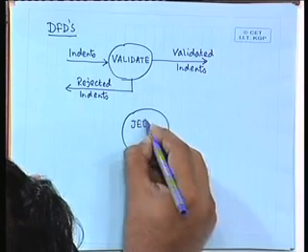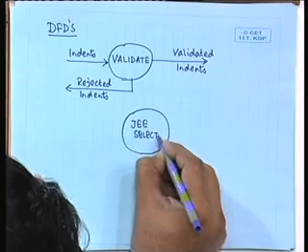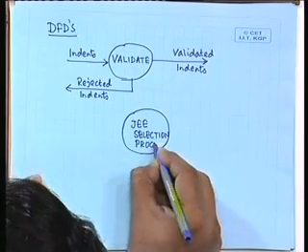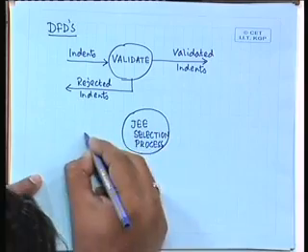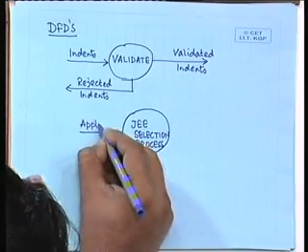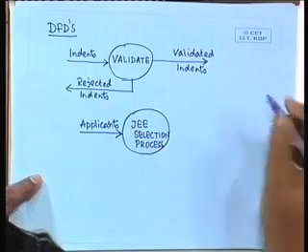Is it all right? Suppose you want to show another example, the JEE selection process, applicants.